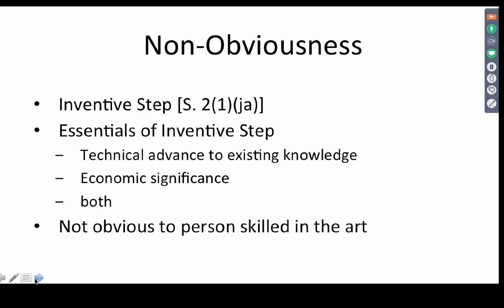So this has created some criticism. Obviousness is easily understood, and in Europe and the United States, obviousness is still understood as something not obvious to a person skilled in the art. Technical advance and economic significance are not there. So it has led to some criticism saying that this is not actually required.